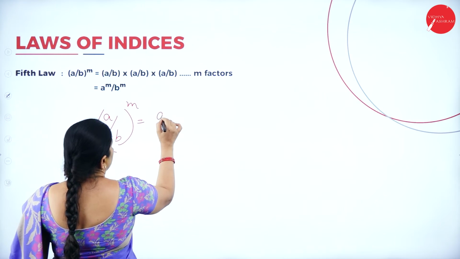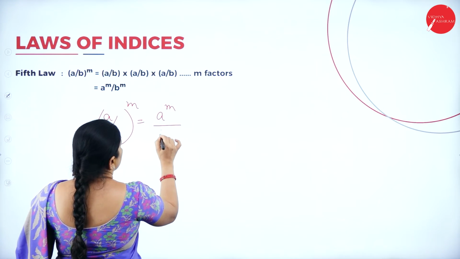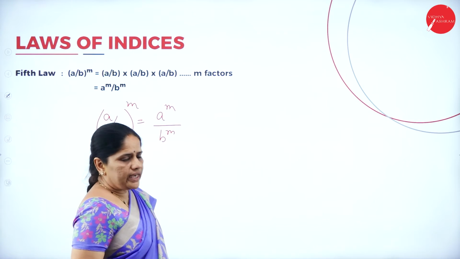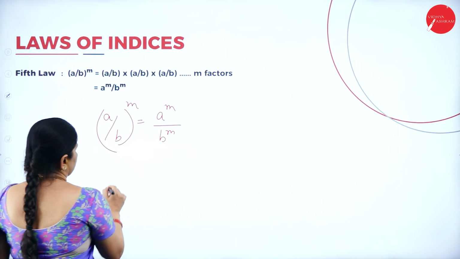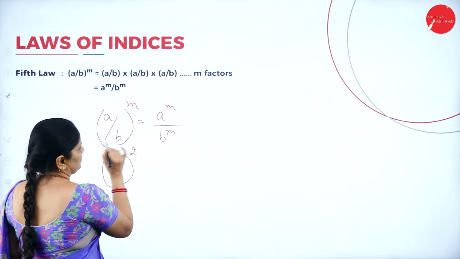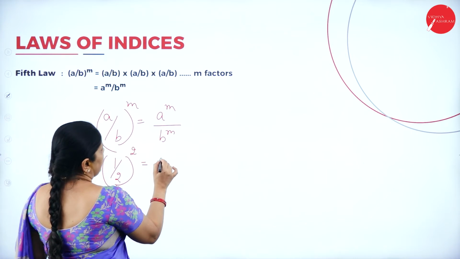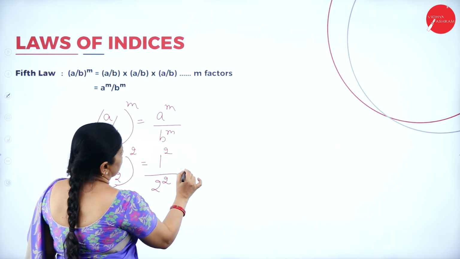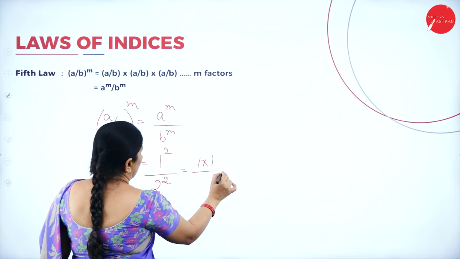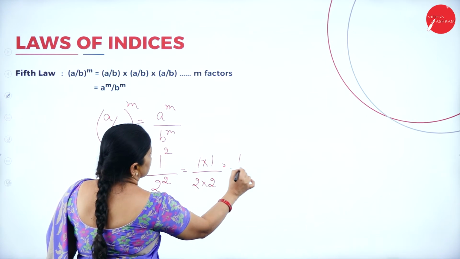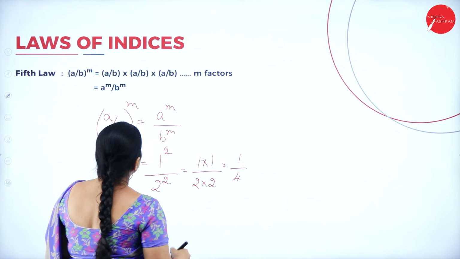It will be a to the power of m by b to the power of m. Suppose I write (1 by 2) to the power 2. What can I write here? 1 squared by 2 squared. So, this will be 1 into 1 by 2 into 2, that is 1 by 4.